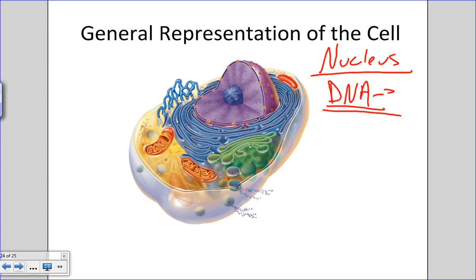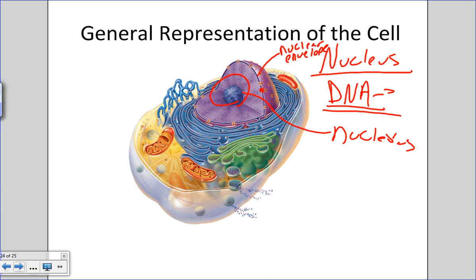Now you'll notice when you take a look at this that it has its own little parts as well. If you look at this dark inner portion, that's the nucleolus of the nucleus. Then you can see that it has an inner and an outer membrane, and this outer membrane is what we call the nuclear envelope.